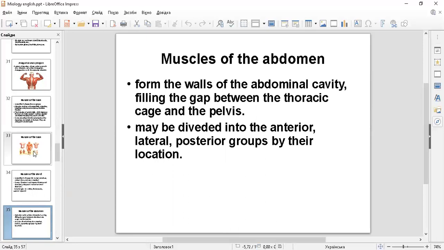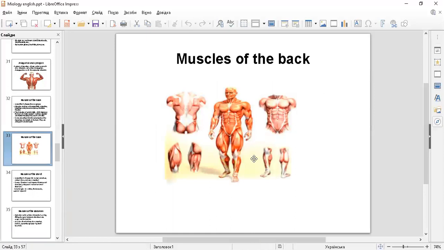Please look at the previous slide. Waist muscles of the abdomen: anterior group, lateral group, and posterior group.